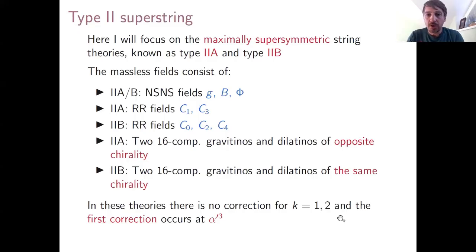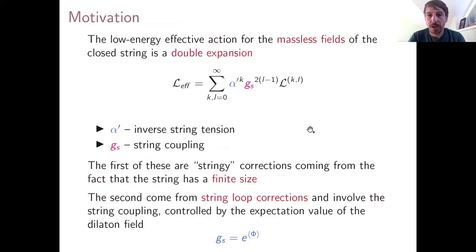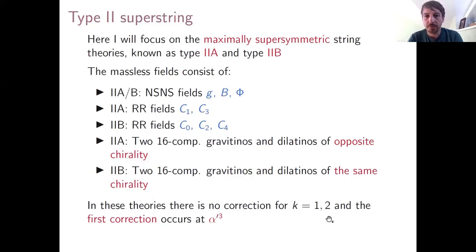Now, it turns out that in these two maximally supersymmetric theories, there are actually no corrections at order alpha prime and alpha prime squared, which corresponds to k equals 1 and 2 in the sum. Those corrections vanish because of the very large amount of supersymmetry. And the first correction occurs at the third order in alpha prime, so it's proportional to alpha prime cubed.